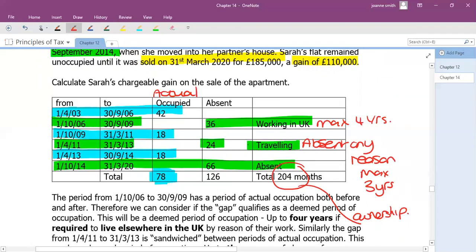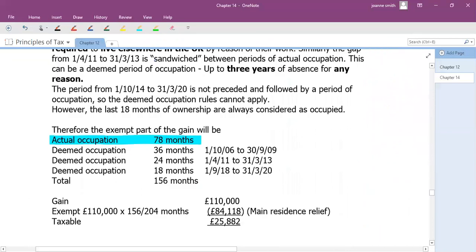She can claim the travelling because it's less than 3 years, and again, lived in the property before and lived in the property after. But what she can't have is the last 66 months, because she never actually moved back into the property. So the 36 months and the 24 months will be classed as deemed occupation.